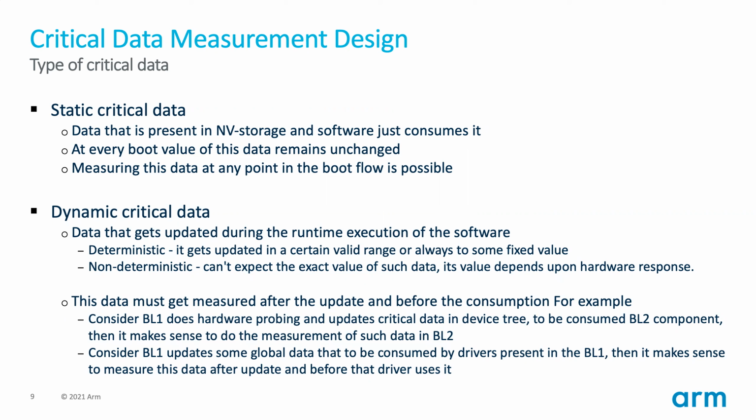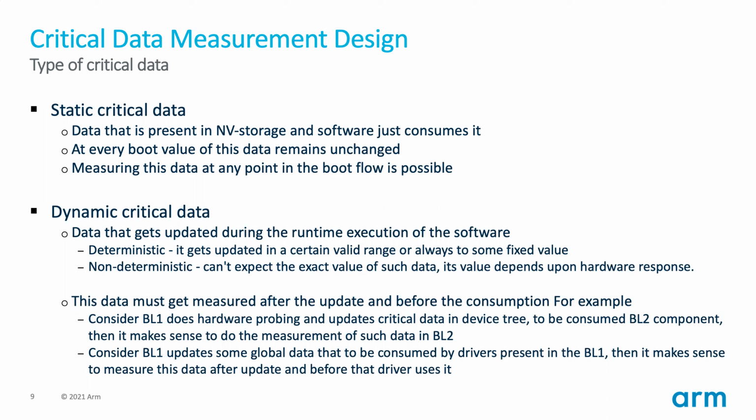And dynamic critical data, we think there are again two types: deterministic and non-deterministic. Deterministic data is data which gets changed within a valid range, but to some fixed value always. And non-deterministic, we can't expect its value. It always depends upon some hardware response.